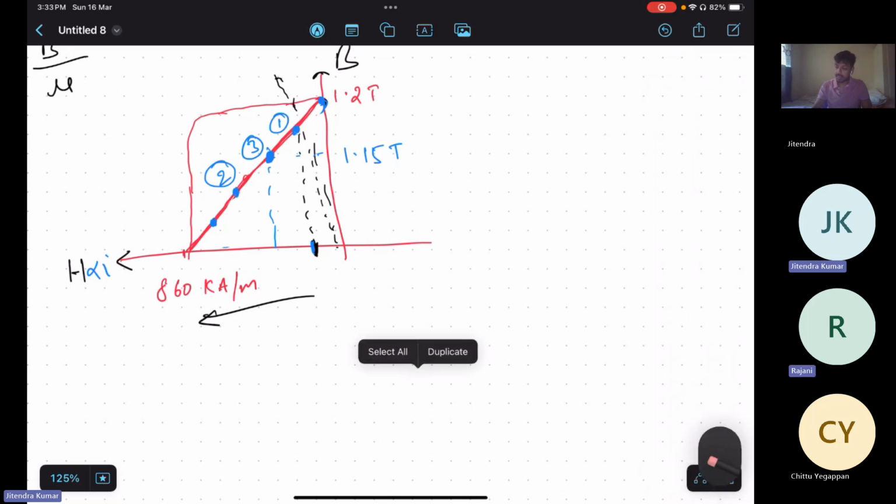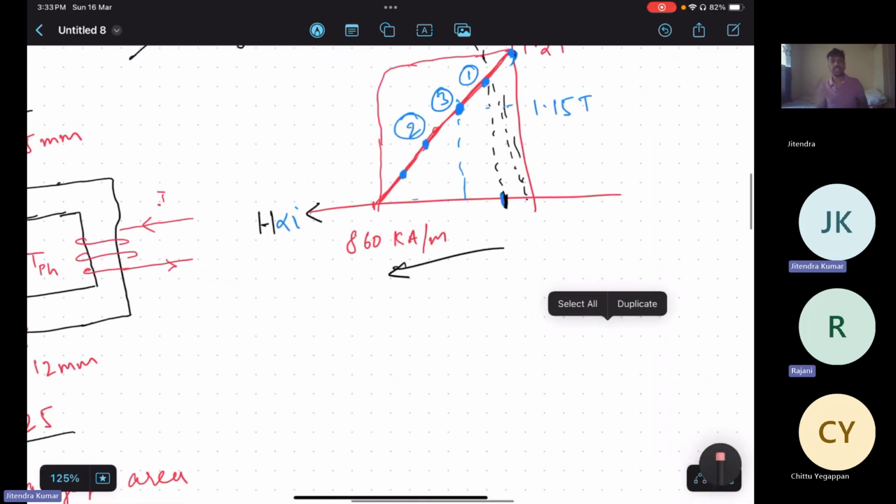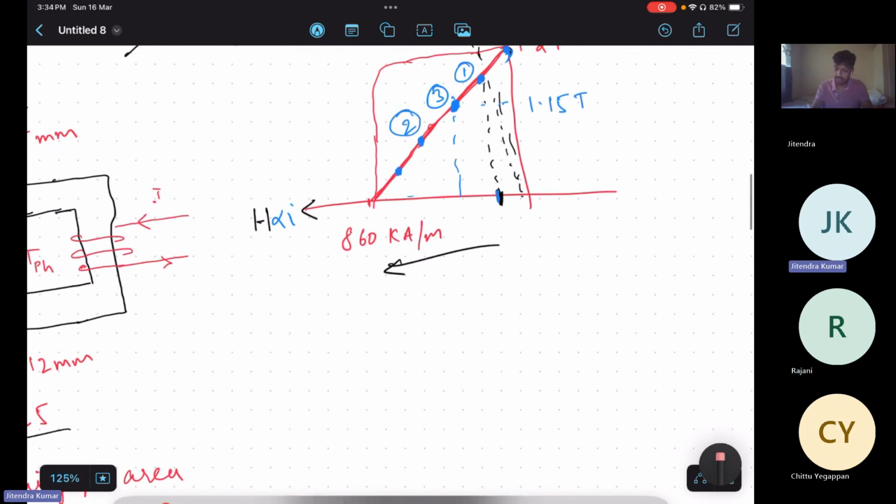So that's the idea behind it. As you increase the external field, as you increase the loading, the magnetic flux density of the permanent magnet will further reduce, because it is proportional to coercive force, which is H, which is dependent on current as well as reluctance of the machine.